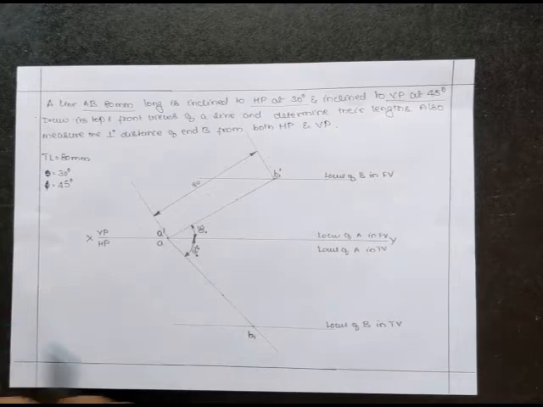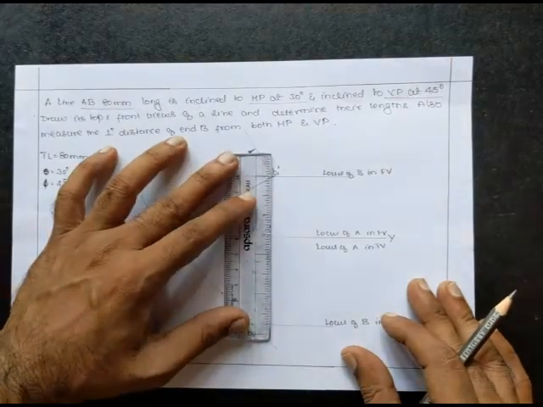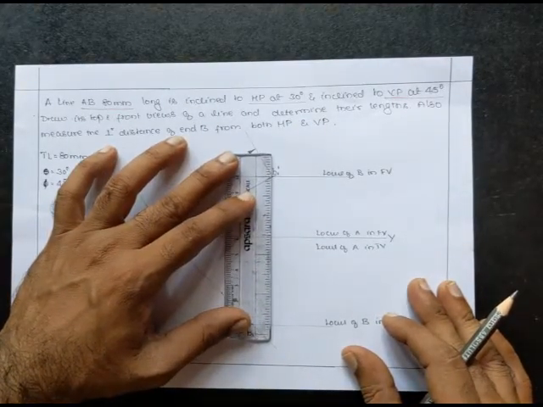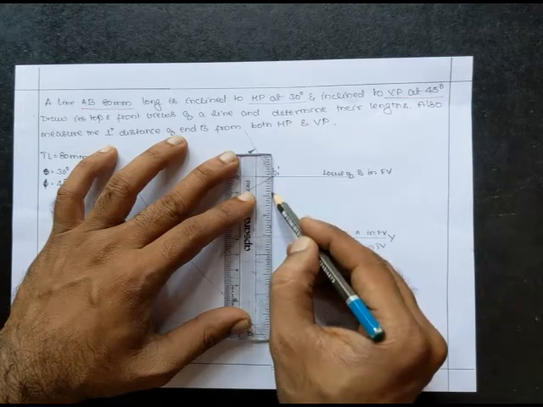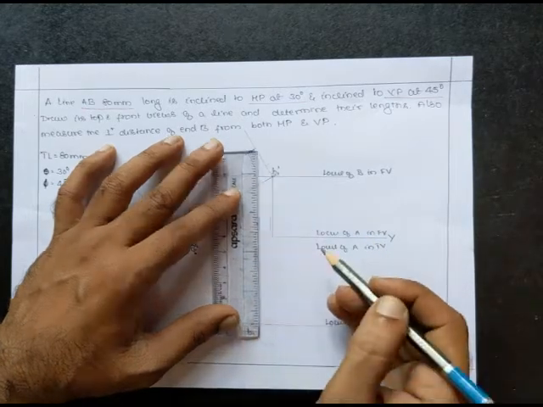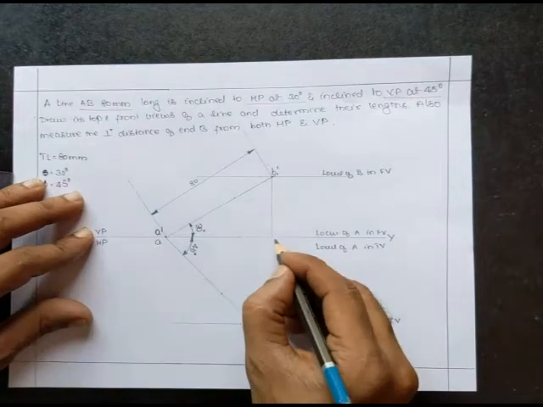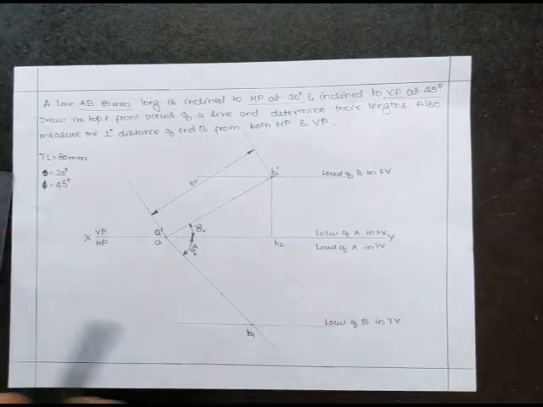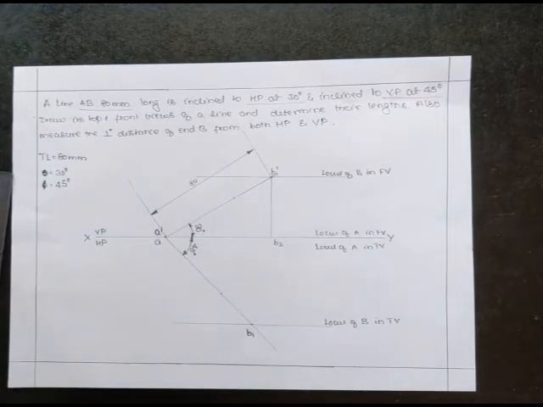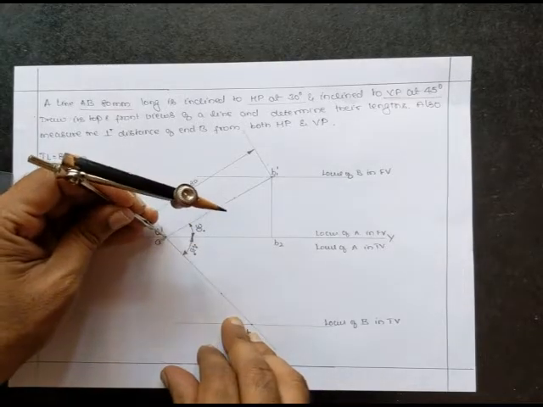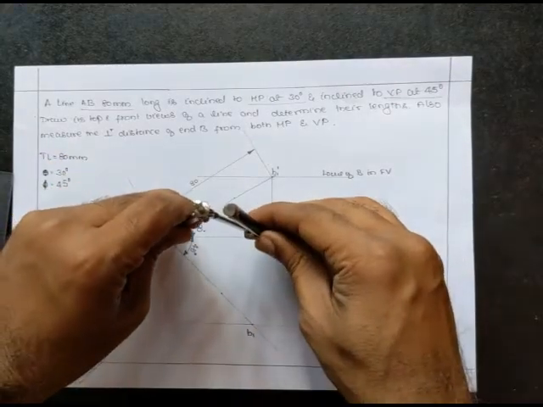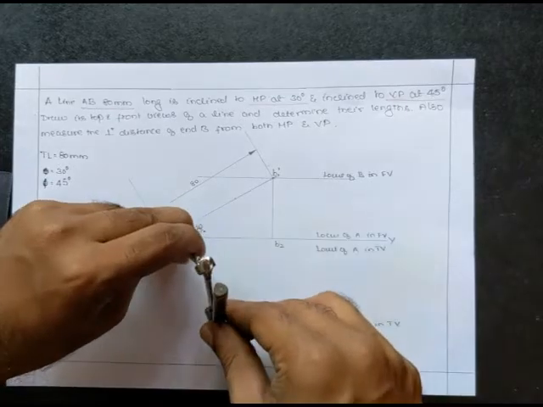Now I just need to get the view length. It is the same steps we followed, that is drawing the projection of locus of B to the opposite locus, that is the locus of A in the opposite plane, then measuring the distance, that is AB2, and drawing an arc such that it bisects the locus of B in the same plane, that is what we are considering in the top view.